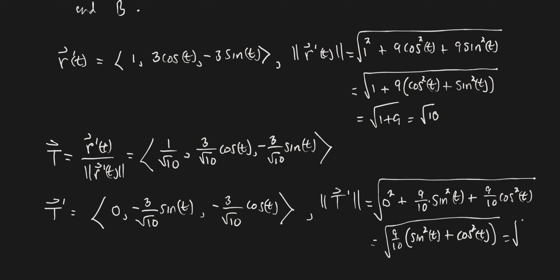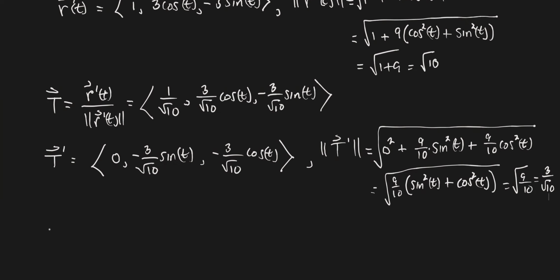So I have the square root of 9 over 10, which is 3 over root 10. So we can see that, yeah, the derivative of our unit tangent vector is not a unit vector, right? So because this magnitude is 3 over root 10, what do we do? We normalize this vector in order to get our N vector.